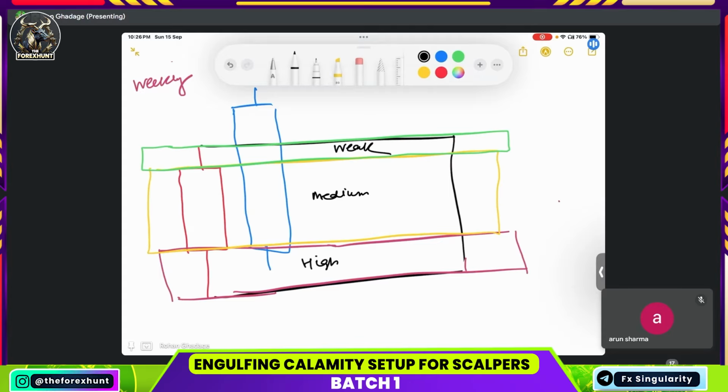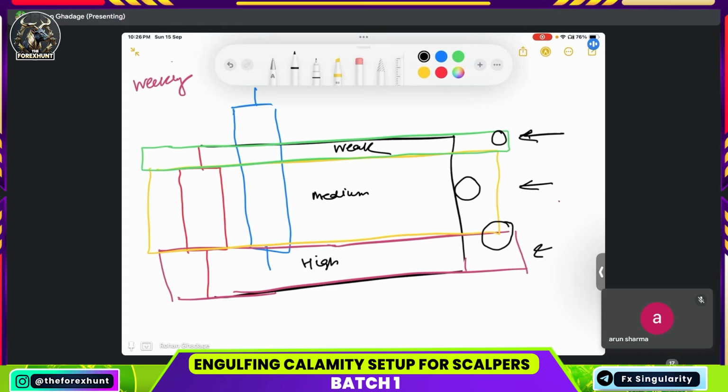So if the market forms H4 engulfing buy here, we have three scenarios where the market will form engulfing buy. If it is forming in this high volatile area, it will give you good respect. If it is a medium area, it will give low respect. If it is at the top of the zone, we will make it high quality trades.